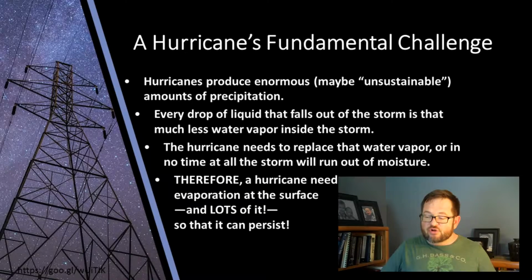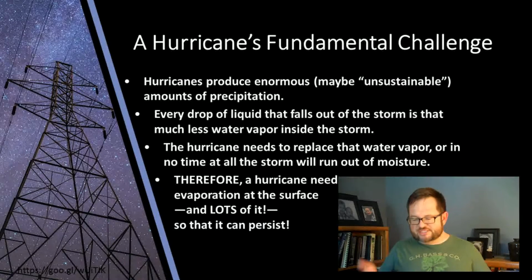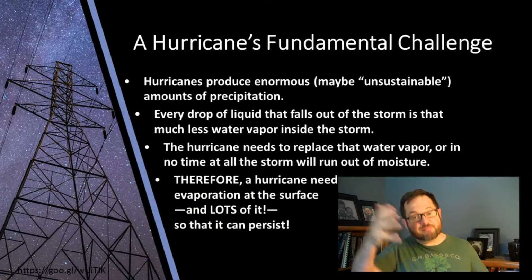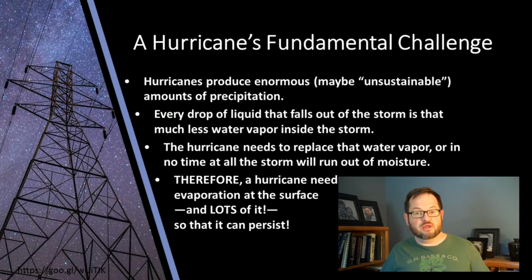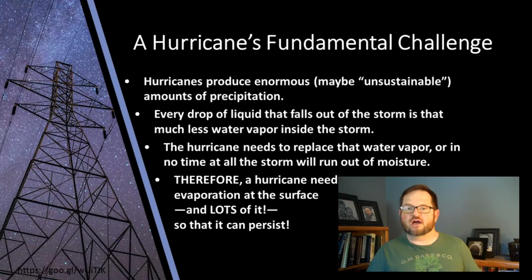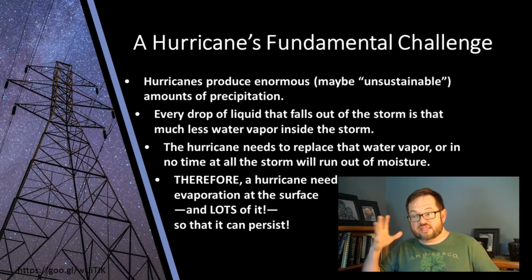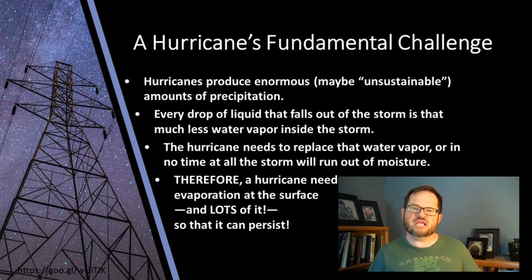In other words, if the hurricane is dumping this enormous amount of water in the form of precipitation by converting water vapor into liquid water, it has to have a very good source of water vapor to put more water vapor back in the hurricane that the hurricane can then convert back into precipitation.